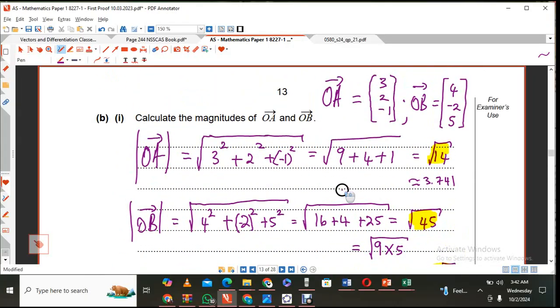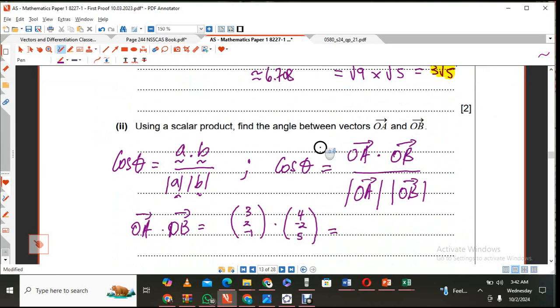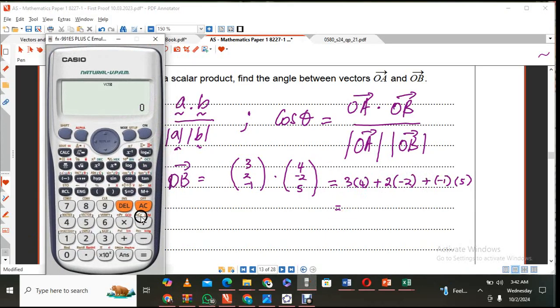Now when we find the dot product, remember, you multiply and add the components. So it's 3 times 4 plus 2 times negative 2 plus negative 1 times 5.